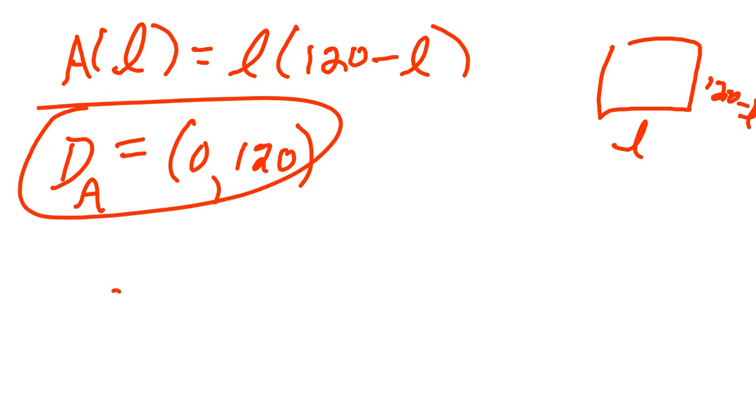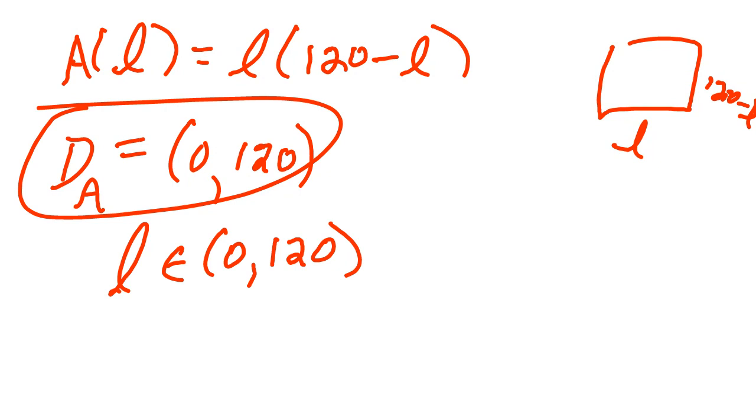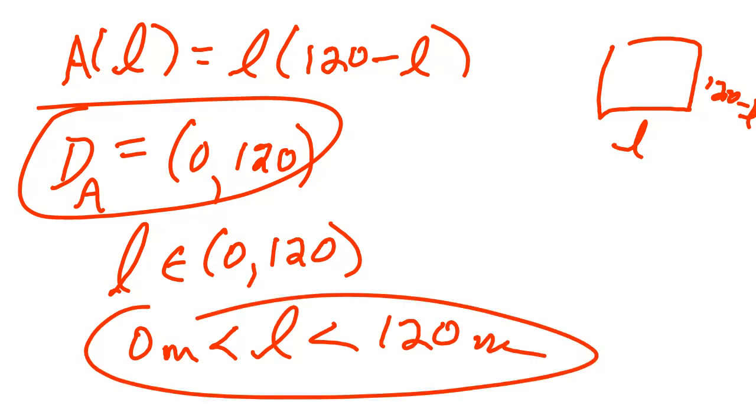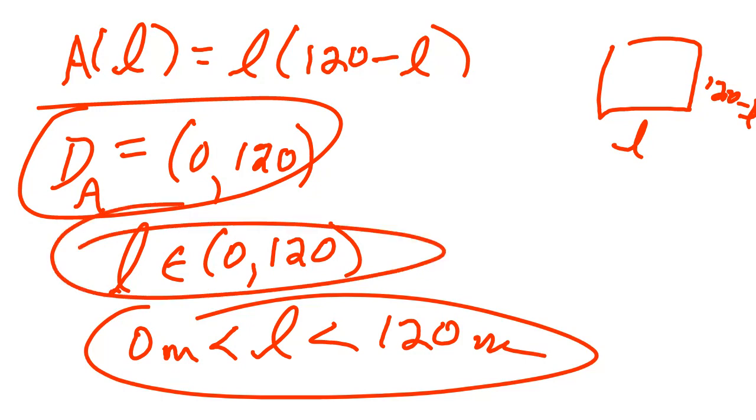So the other way we could say this is L would be an element of 0 to 120, not including the endpoints, or we could say 0 meters is strictly less than the length, which is strictly less than 120 meters. Any of these are correct ways to say what the domain of this function is.